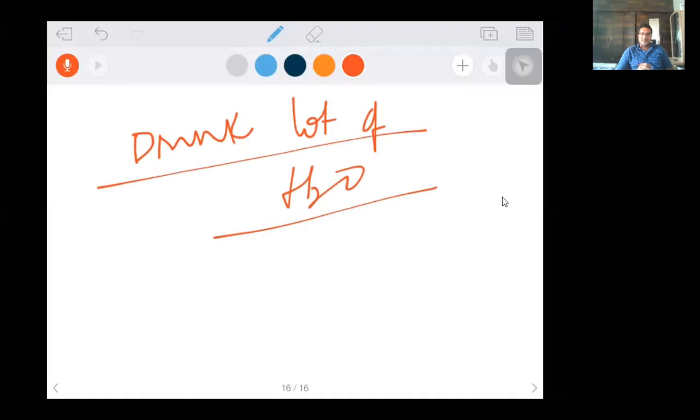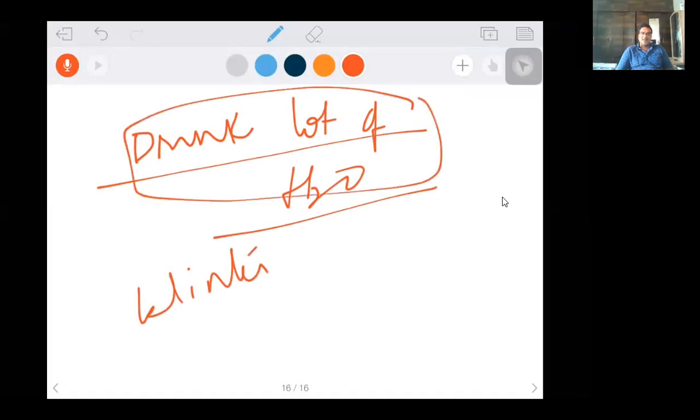Let's create the situation: it's a winter season, and you drink a lot of water at a time, 1 liter or 2 liters. So what happens to the blood? The blood gets more diluted, isn't it? When blood is more diluted, the blood pressure increases, isn't it? The problem will come here: blood pressure increases.